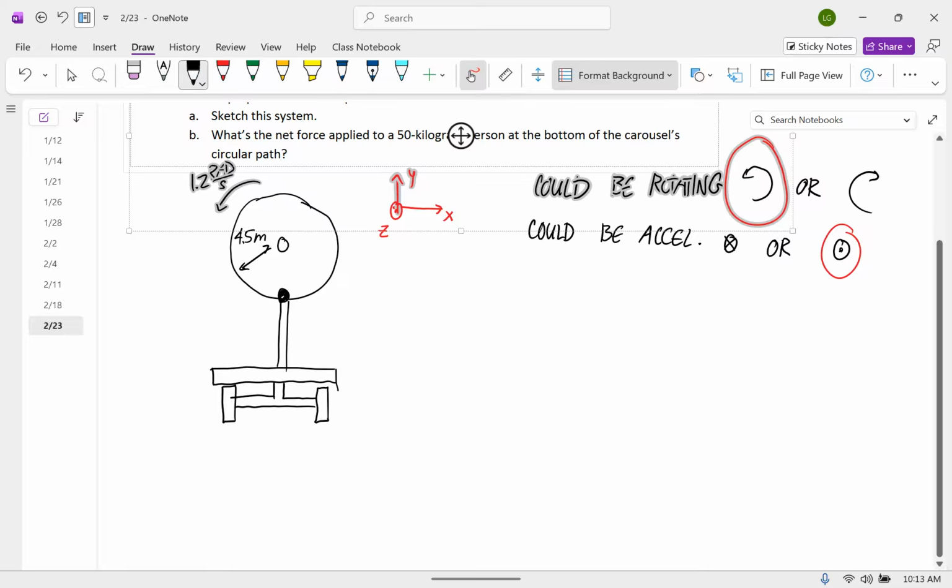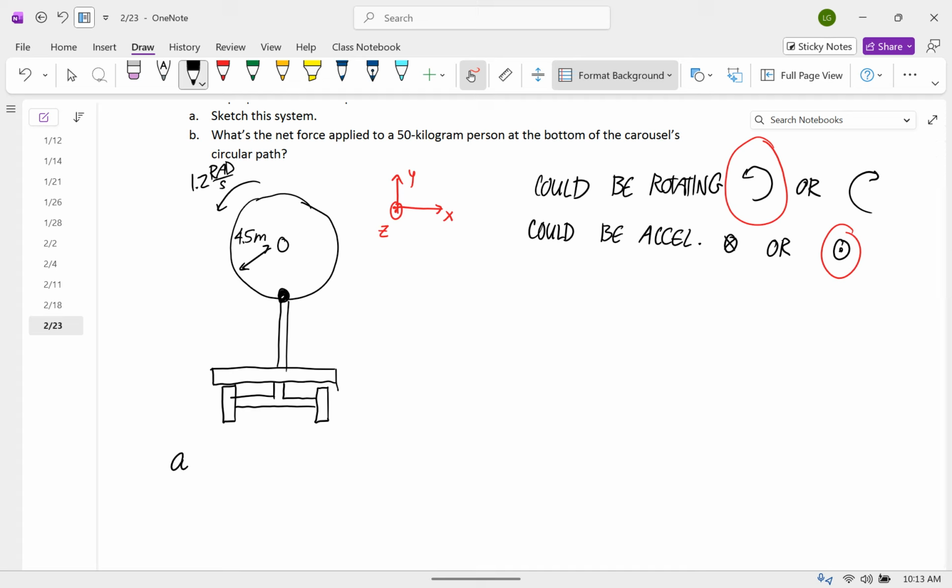And now for the acceleration of the passenger, we want it relative to the ground, okay? Calculating the acceleration of the passenger relative to the train does not work in Newton's second law. We get wrong answers for the forces. So we want the acceleration of the passenger relative to the ground, and that's the acceleration of the passenger relative to the train plus the acceleration of the train relative to the ground.